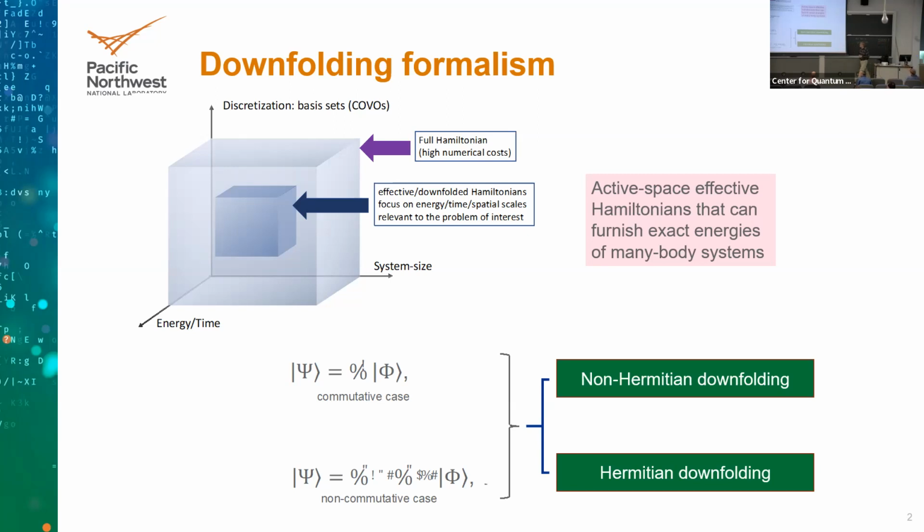Anyway, I wanted to say that I will be talking about two types of downfolding, the non-Hermitian downfolding and the Hermitian downfolding, which is a candidate for quantum computing. But in both cases, the way we construct those effective operators is a consequence of how we represent the wave functions shown here, right?